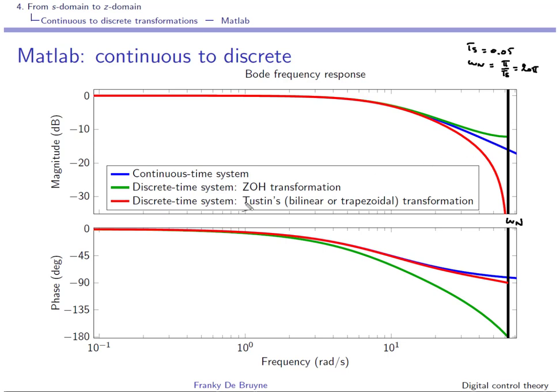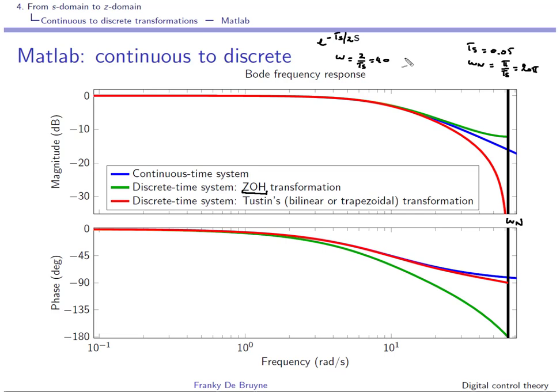So let us have a look at this zero order hold equivalent description. Remember that this zero order hold mechanism introduces a delay of Ts over 2, right? So at the frequency 2 over Ts, this is 40 over here, we should have approximately a phase shift of 1 radian.